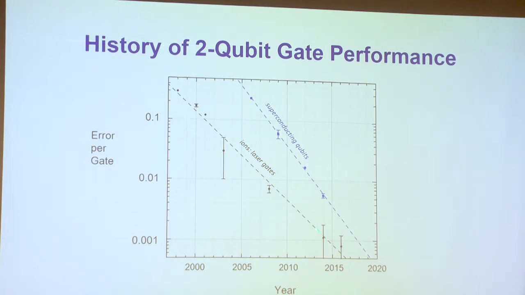Now, please be aware that this graph is a little bit rosy. It's a lot rosy. All these experiments have optimized the fidelity of a 2-qubit gate. So how many qubits did they use in the experiment? 2, no more. For a real quantum computer, you need lots.